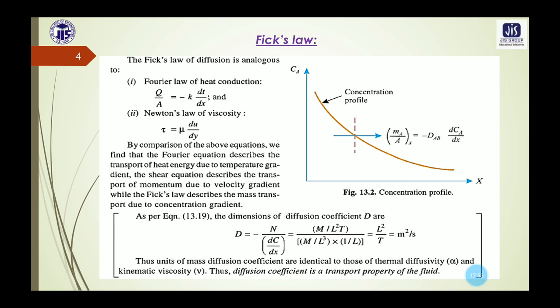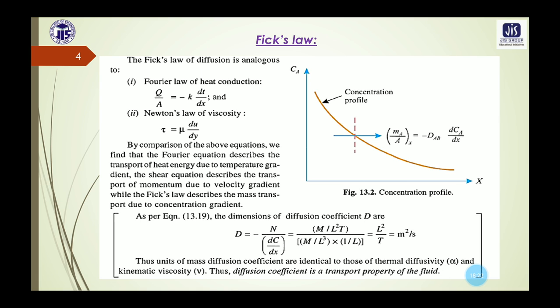Now, by comparison of the above equations, the Fourier's law and Newton's law, we get that the Fourier equation describes the transport of heat energy due to temperature gradient. The shear equation describes the transport of momentum due to velocity gradient. But Fick's law describes the mass transport due to the concentration gradient.